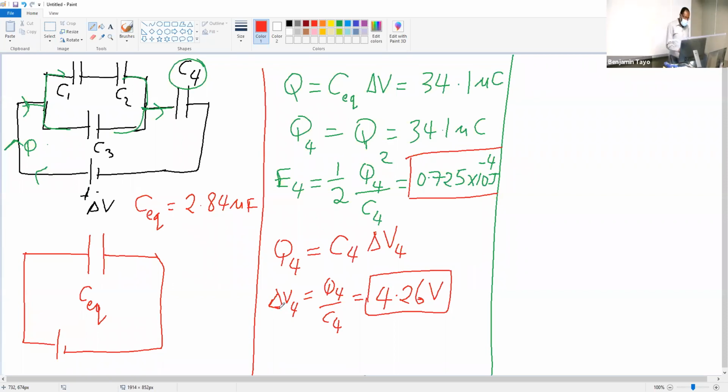Now the way we can look at this is that, call this point A, and call this point B, and call this point C. So I'm saying that the voltage between this point and this point is equal to 4.26.